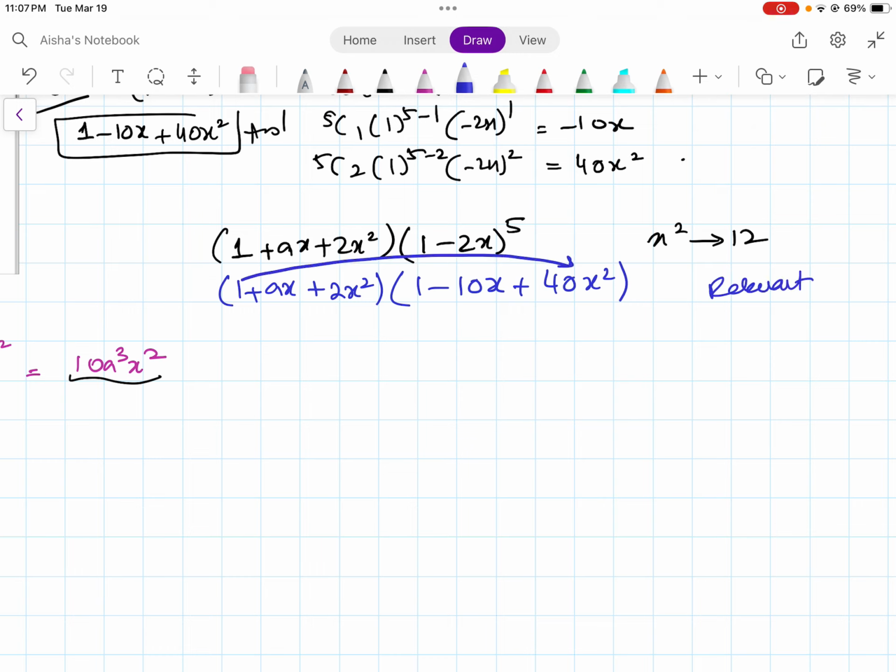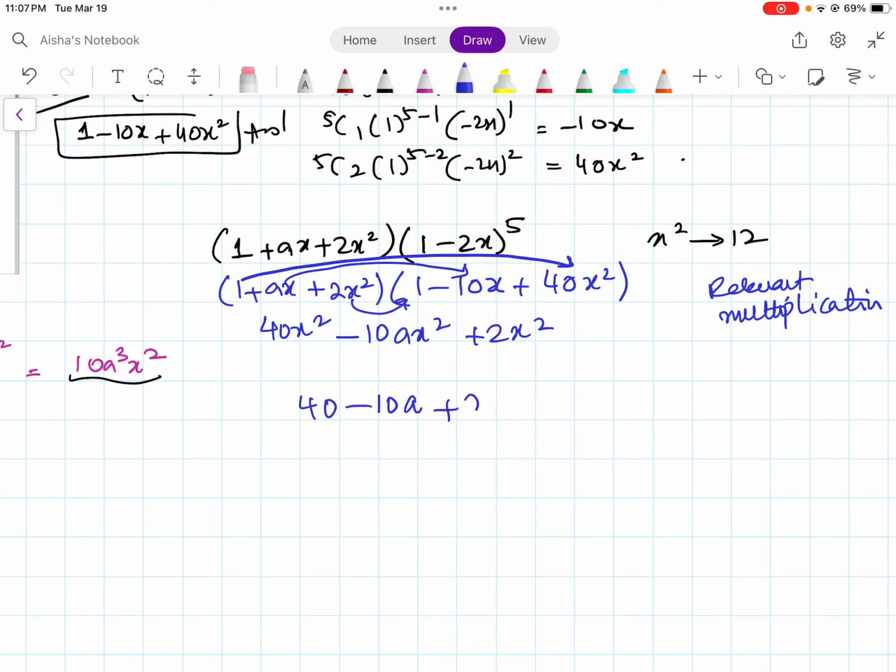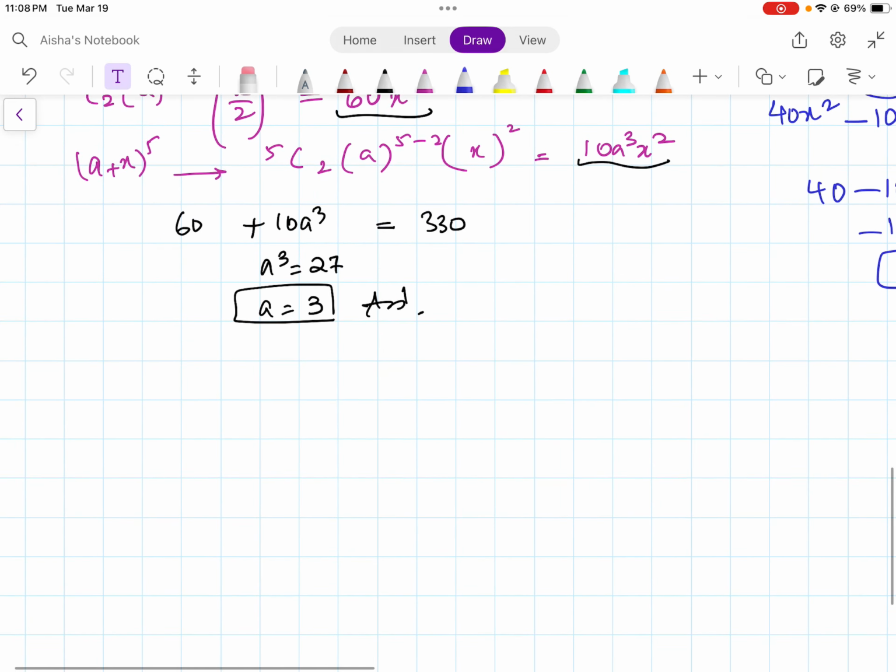What is relevant multiplication? We only multiply the terms that give us the desired outcome. We don't multiply everything. 40x square minus 10ax square plus 2, taking the coefficients equals 12. So 12 minus 40 minus 2 gives you minus 30. A is my answer here, okay?